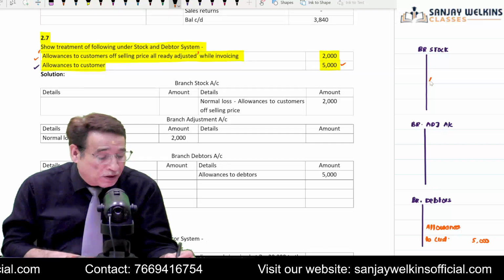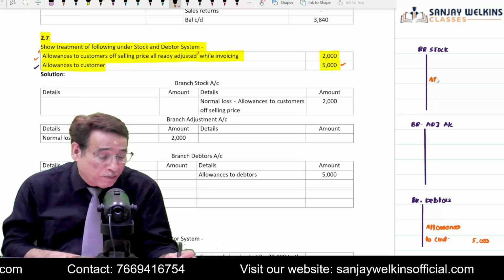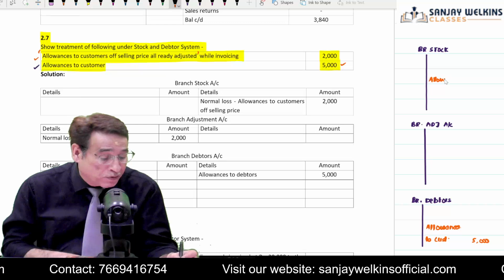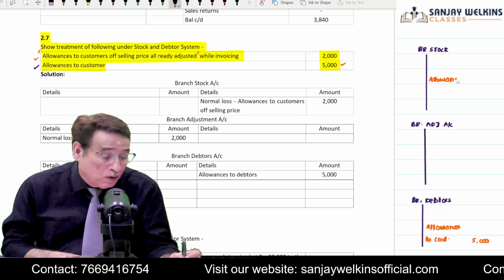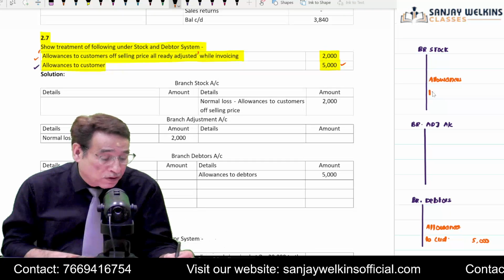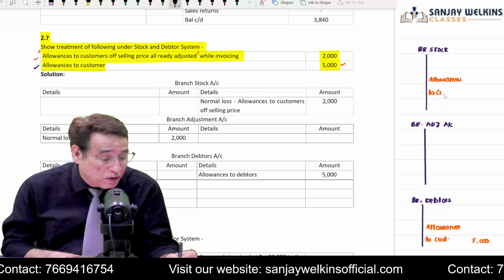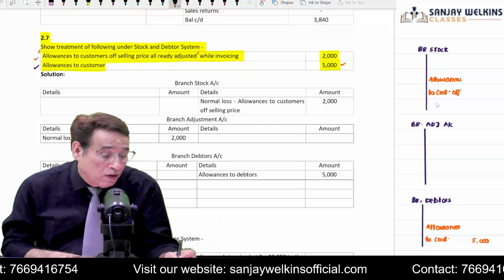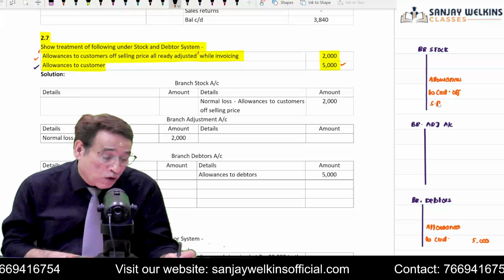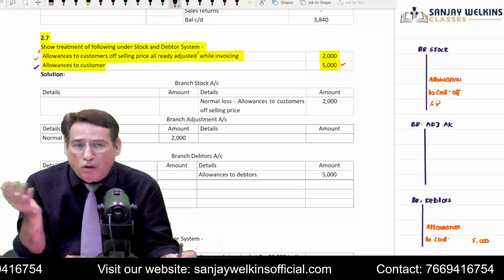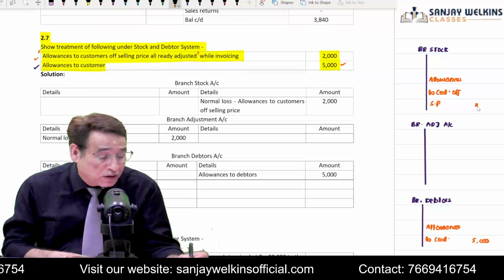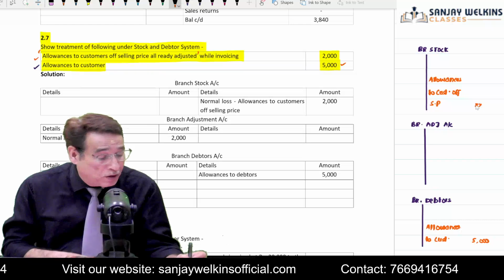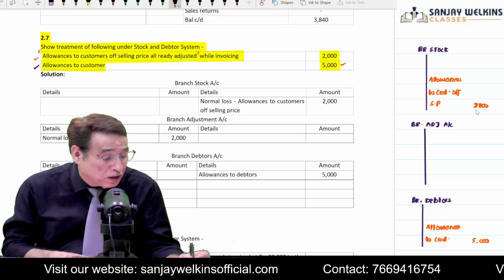So allowances to customer of selling price is treated as a normal loss. It will be written on the credit side of the branch stock account: allowances to customers of selling price. The amount here is 2,000, so I will write here 2,000.